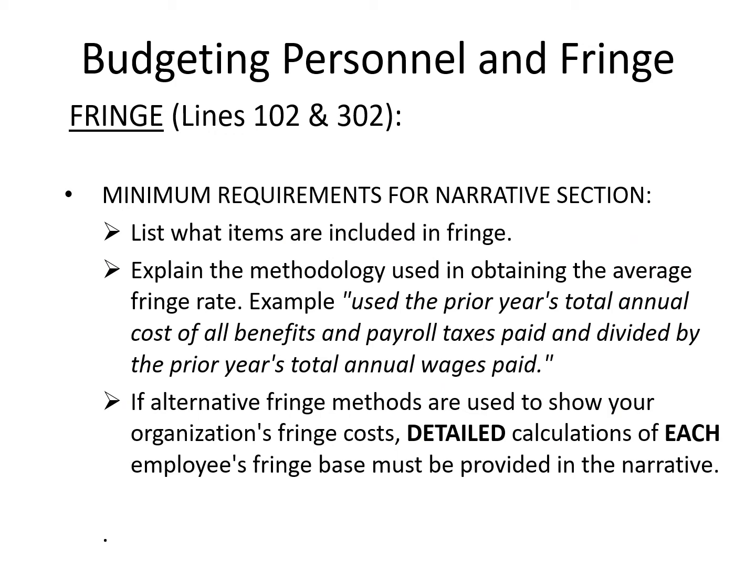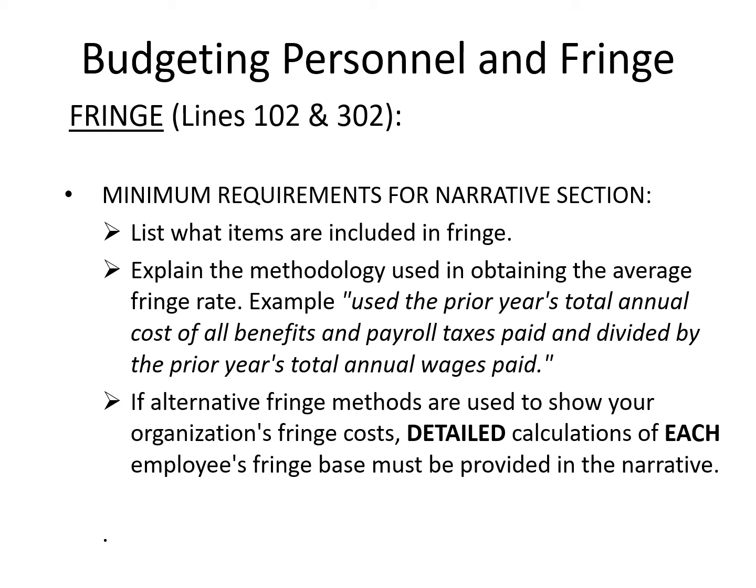The minimum requirements for the narrative section of the fringe tab are that you need to list what items are included in the fringe benefits that you provide to your employees. You would also need to explain the methodology used in arriving at the rate and the fringe amount that you include on this tab.